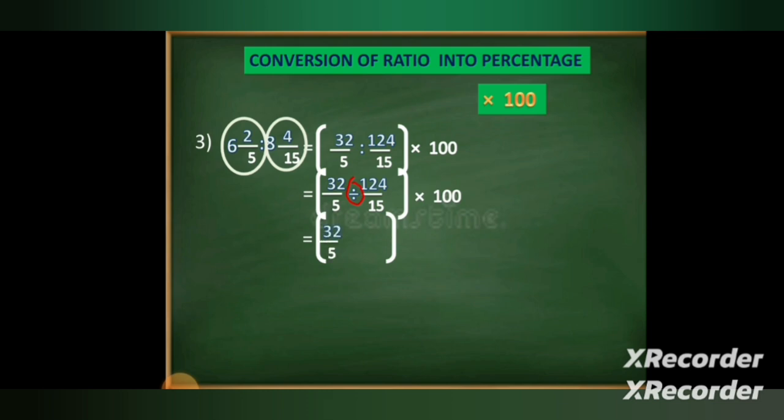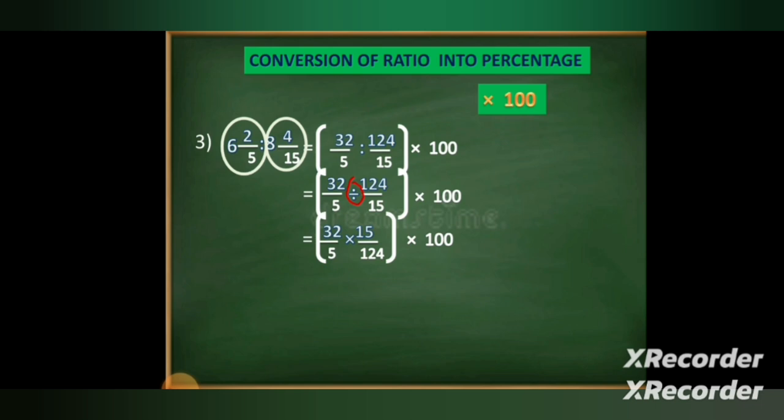I have to change division sign into multiplication sign. So I will write multiplication and I will take the reciprocal of 124 upon 15, which comes to 15 upon 124 into 100. You have to be very much systematic so that you yourself should not be confused.